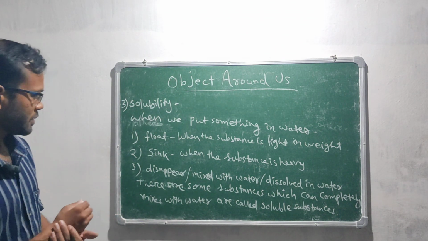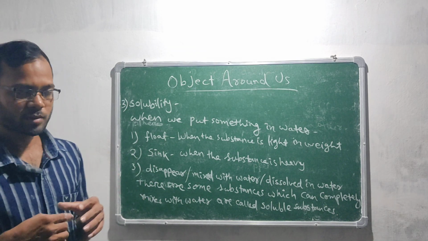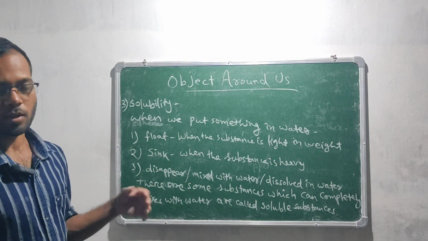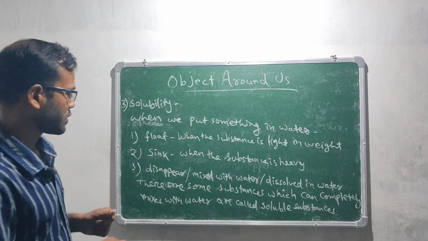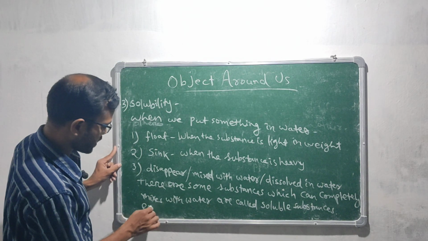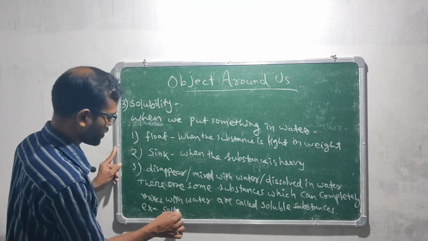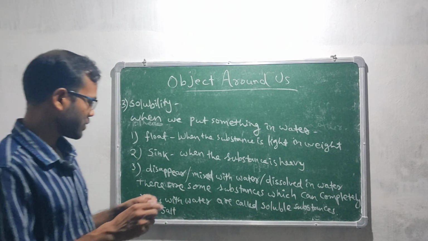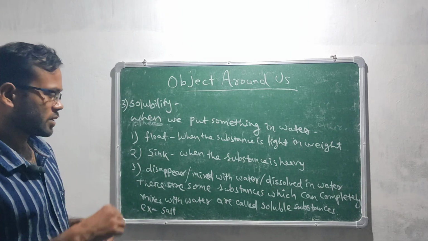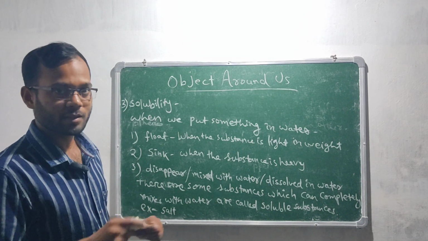But not all the substances are soluble in water. Some are not mixed with water. Which substances are soluble in water? For example, salt. When we put salt in water and stir it with a rod, the salt will disappear in the water.